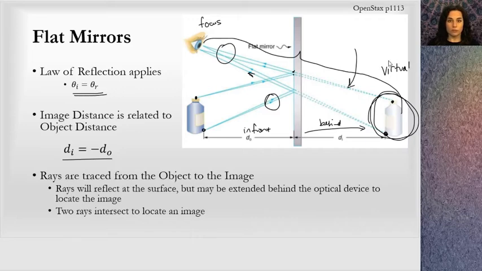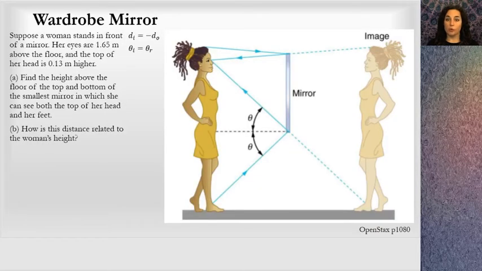When you look in a mirror, you look at a virtual image of yourself. It is not a real image. Your mind thinks it's real, like it perceives you there as real, but it's defined in physics as a virtual image. When we get to spherical mirrors, you will see how real images are formed, but with flat mirrors, it's always a virtual image.